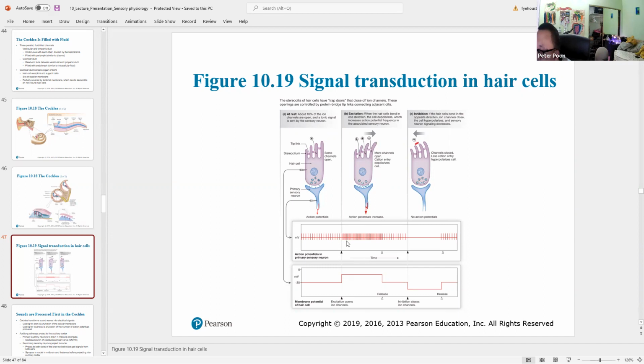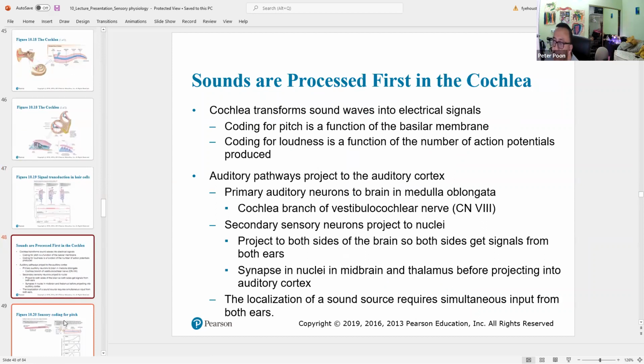And so you'll see that action potentials increase, and that will be how you hear that particular pitch. So the coding for pitch is a function of the basilar membrane.